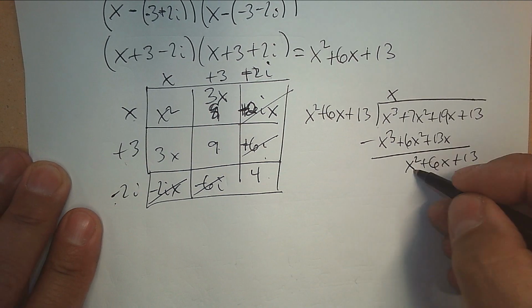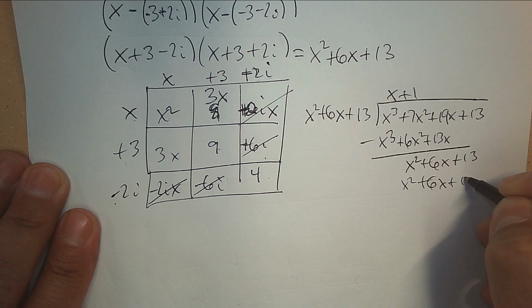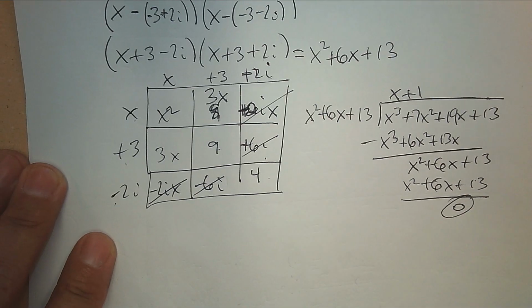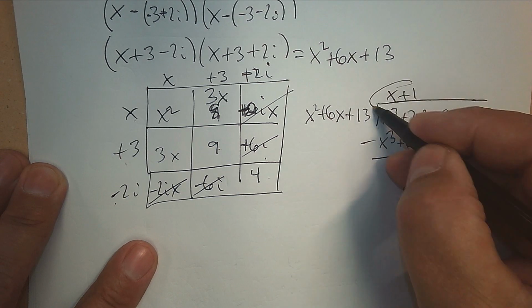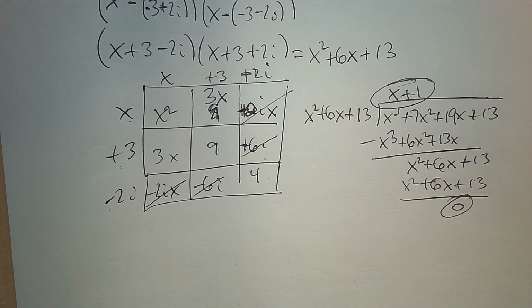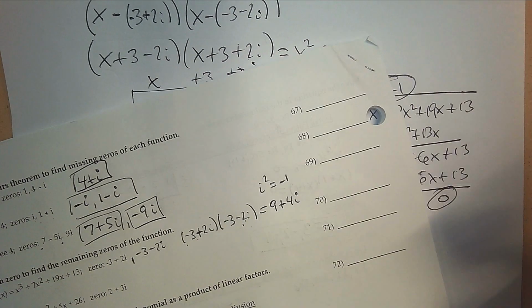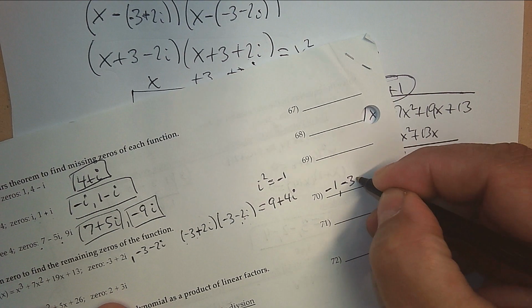Well, x squared divided by x squared is 1, and this is because they're factors, and it better be that the remainder is 0. So the question is, use the given zero to find the remaining zeros of the function. So if the factor is x plus 1, then the zero that's left is negative 1. So we have negative 1, and the other was negative 3 minus 2i.